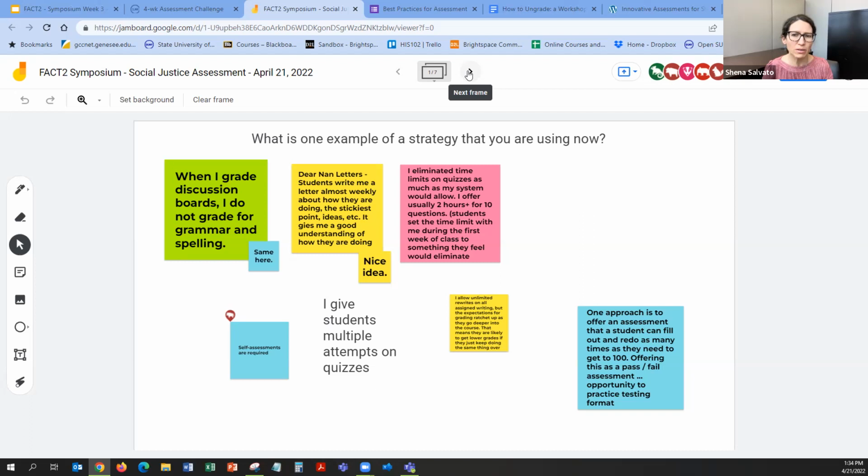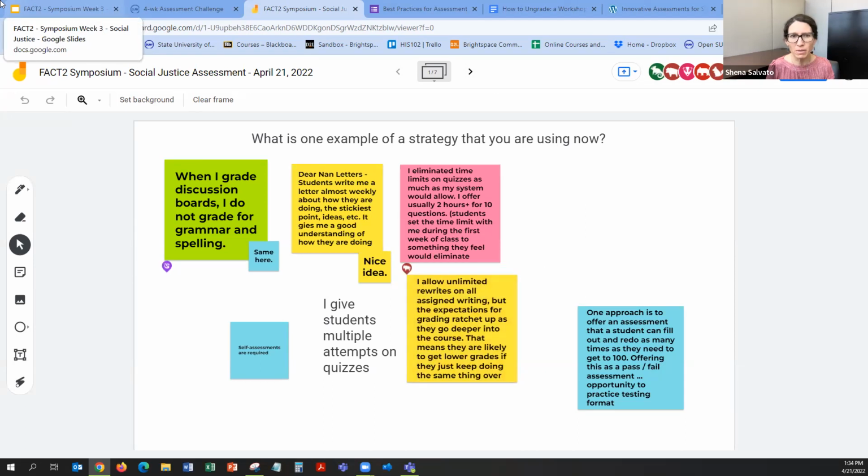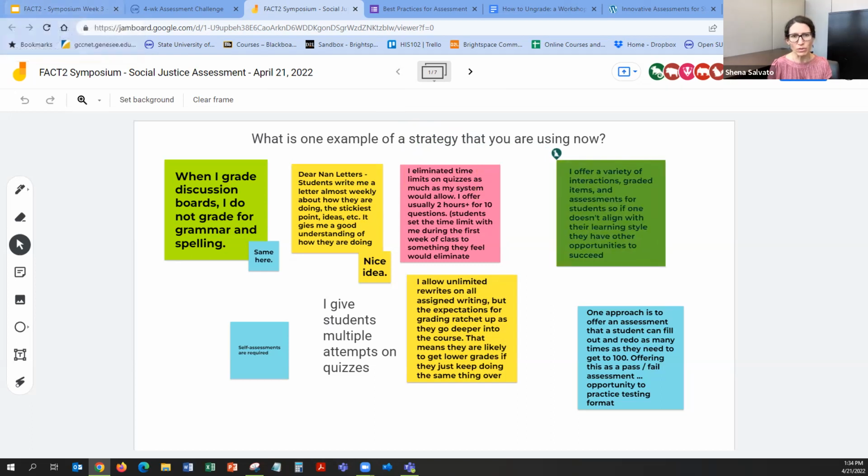And perhaps one silver lining is that if folks are diversifying how they assess, and there are multiple sections of the same course being taught, and students are aware of those different options, maybe their experiences will better align with some of those diverse options too.